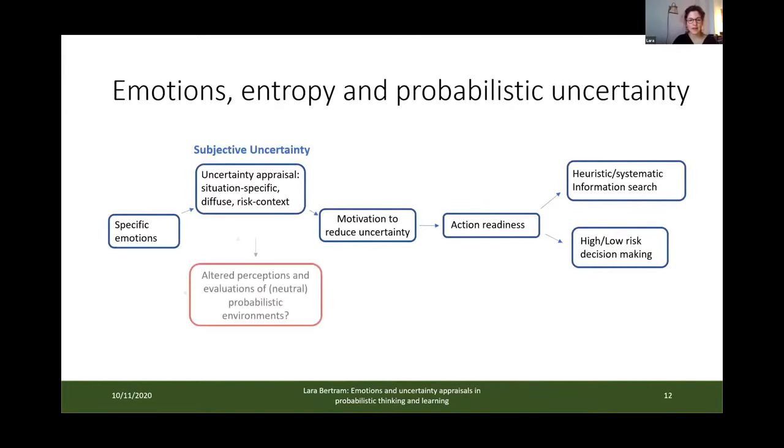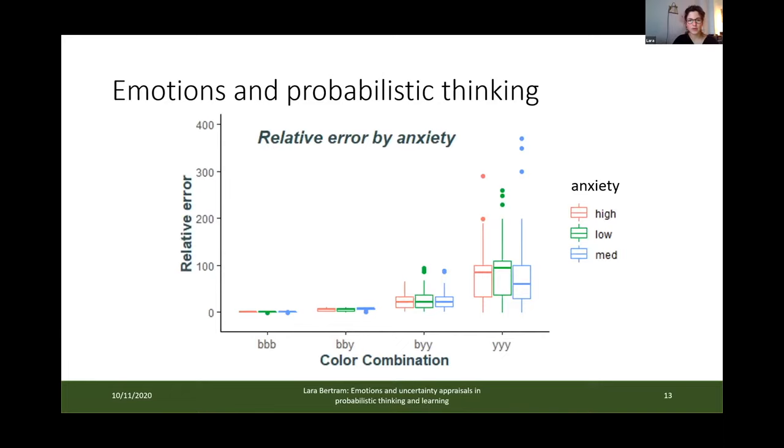Maybe just then I would like to show, that might be a fun last slide, because I showed you a very similar slide earlier when I showed you how people deviate from the true probabilities. What I find in current data, and again, this is data from the beginning of the COVID-19 pandemic, where I also asked people, well, how anxious are you actually right now, given that we have this pandemic.